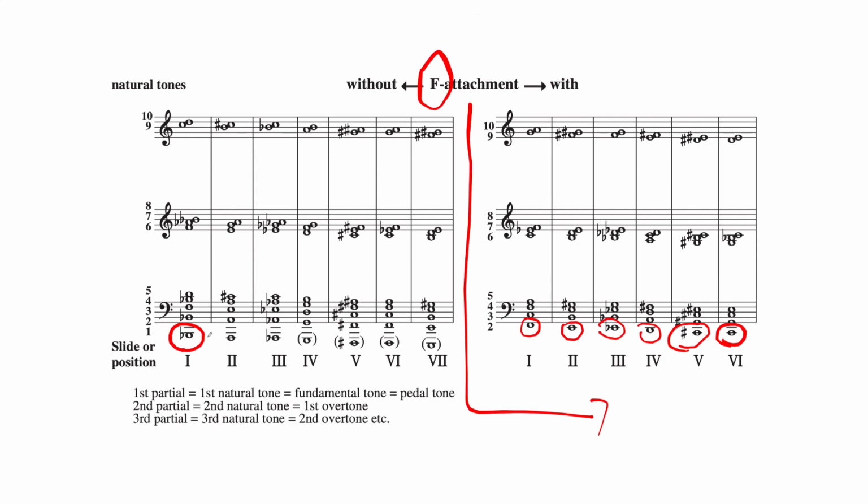Be careful not to write B natural in this register because it doesn't exist in the trombone. There is a particular mechanism only to produce this pitch, this B natural in this register, but not every instrument has this mechanism. So do not write B natural in this register.